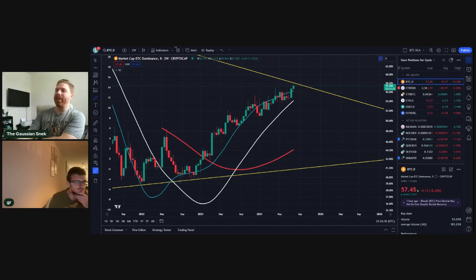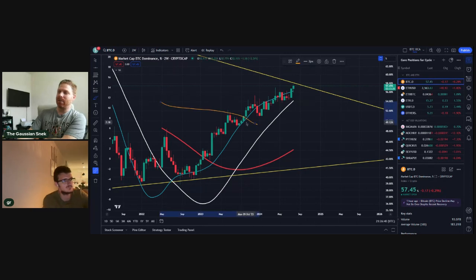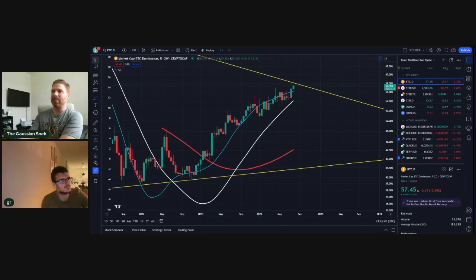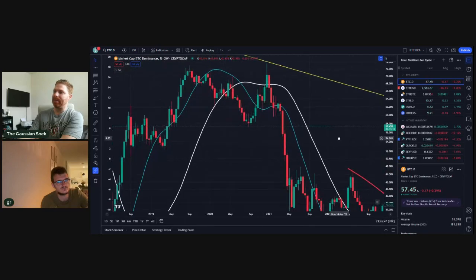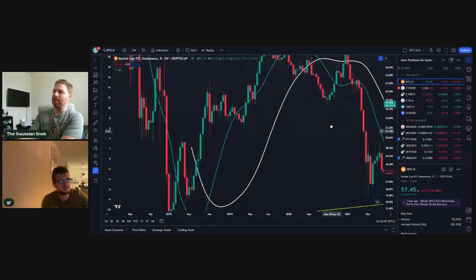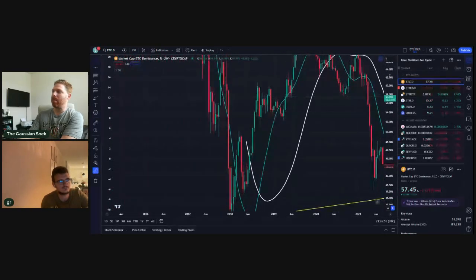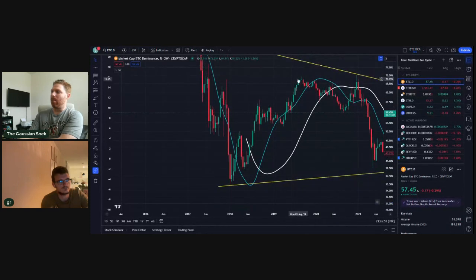I mean, all you can really do is look back at 2019, right? Sorry, I keep drawing these lines. So look what happened in 2019. Rate cuts happened in July. Dominance went up for another 3 months, but then it put in a gravestone.